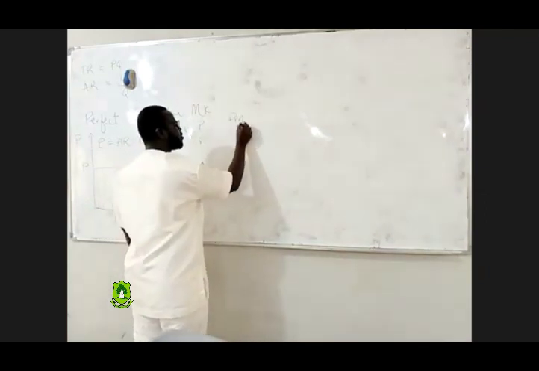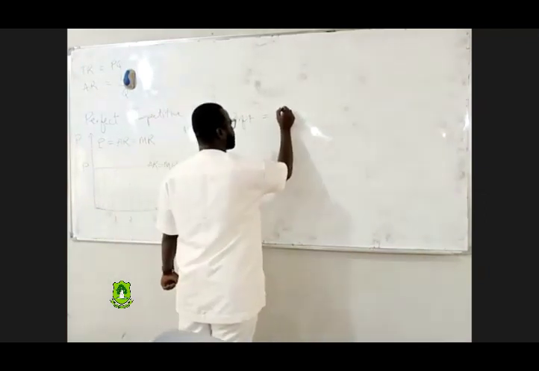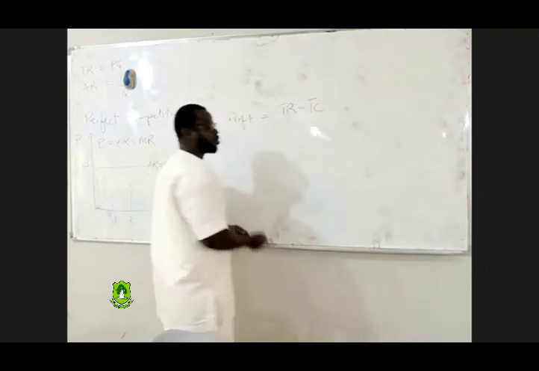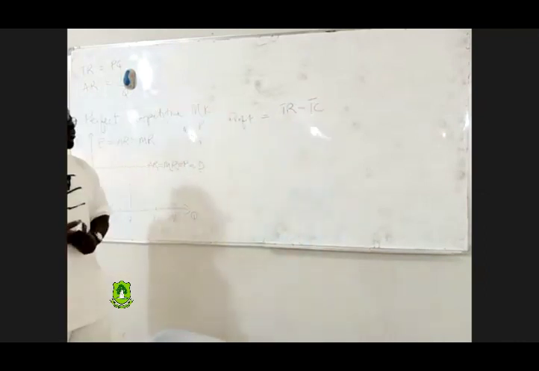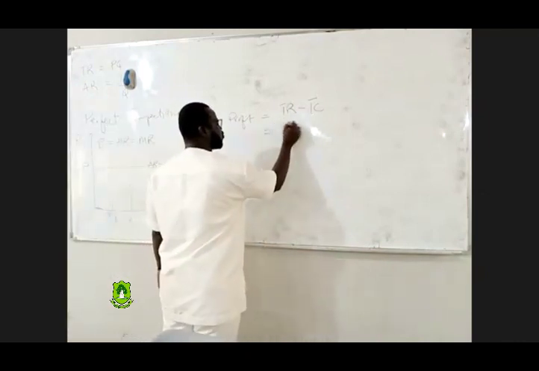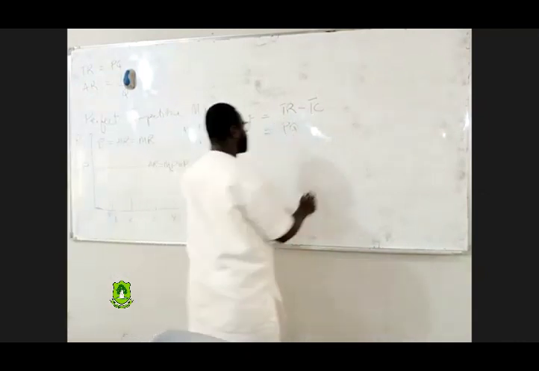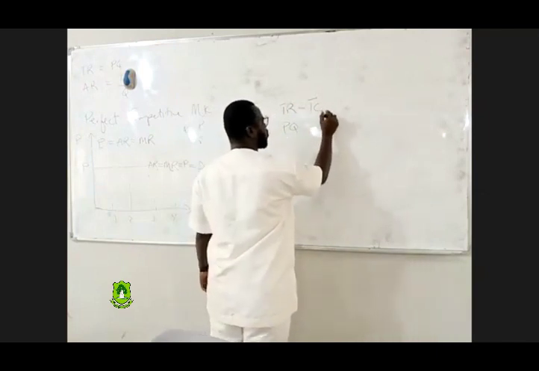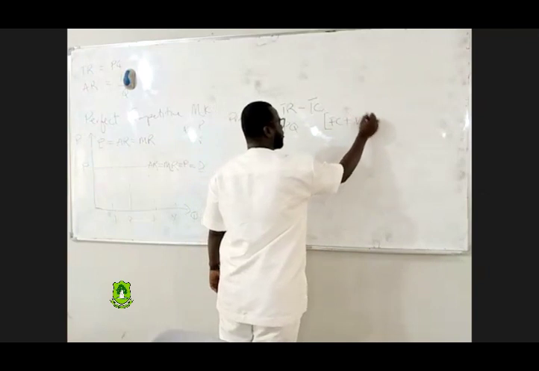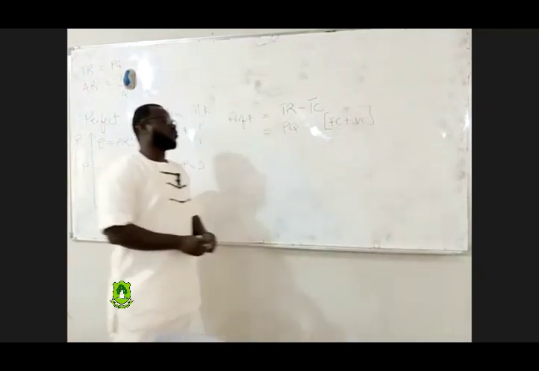Now, we know for sure that profit is equal to what? Total revenue minus your total cost. And we know already our total revenue is what? Price times quantity, minus total cost, which will be fixed costs plus variable costs.